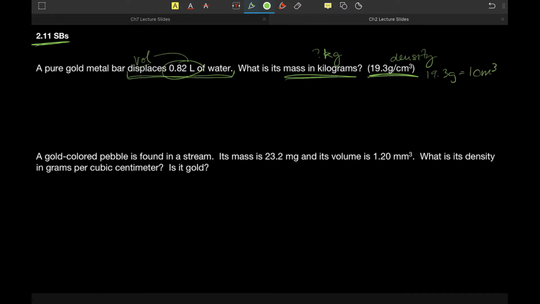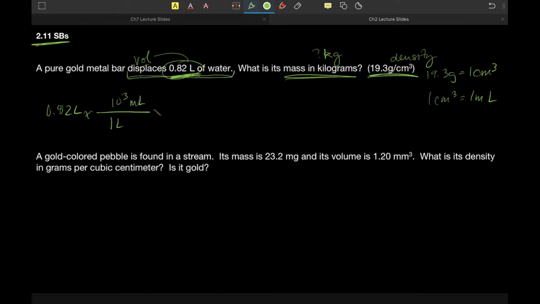So this converts between grams and centimeters cubed. This is currently in liters, so I'm going to have to get that in the right unit to use this conversion factor. So let's start with our 0.82 liters. And if we recall, we know that 1 centimeter cubed is equal to 1 milliliter. That's what I told you to tuck away on the introduction to density. So if I convert my liters to milliliters, 1 liter is equal to 10 to the third milliliters.